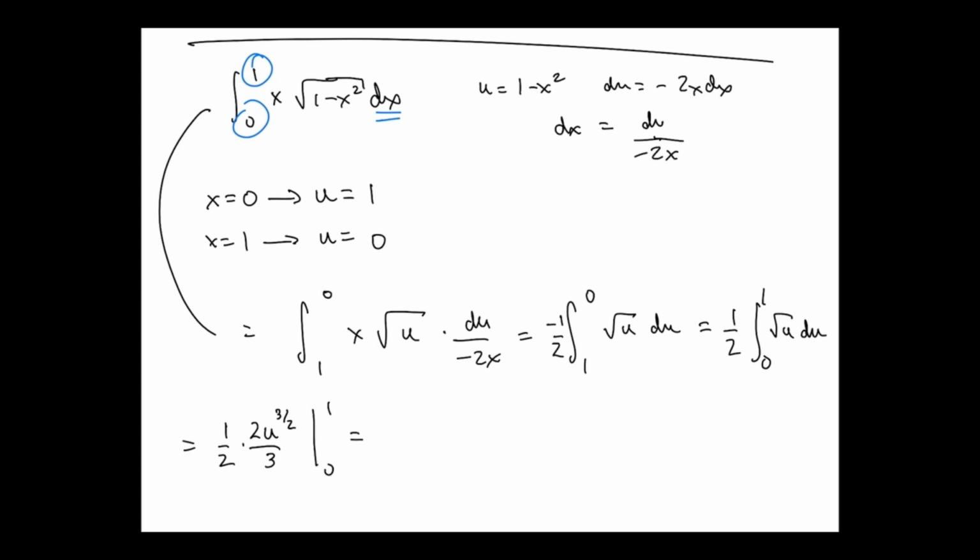The 2's happen to cancel, coincidentally. And then what does the fundamental theorem of calculus tell us to do with the bounds, the number at the top and the bottom? Plug in the top one, plug in the bottom one and subtract. And so in this case, we just get 1/3.